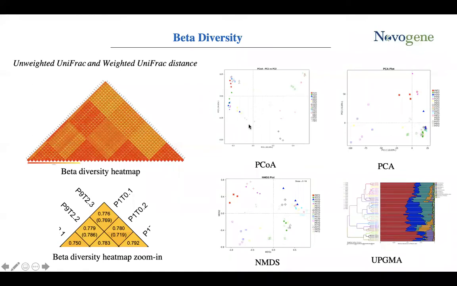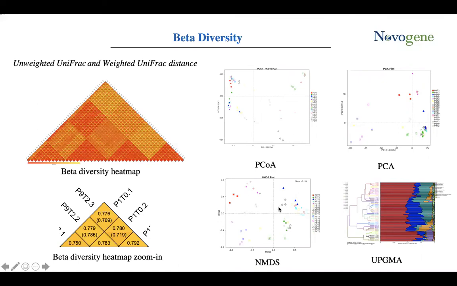So in this figure, each point represents a sample plotted by a principal component on the x-axis and another principal component on the y-axis. And the points were colored by group. So the percentage on each axis indicates the contribution value to discrepancy among samples. That is, the more similar the sample composition, the closer they will be to each other.